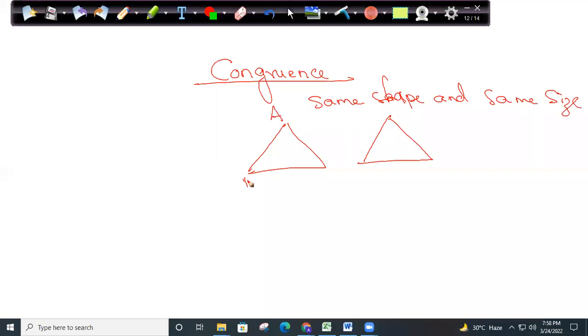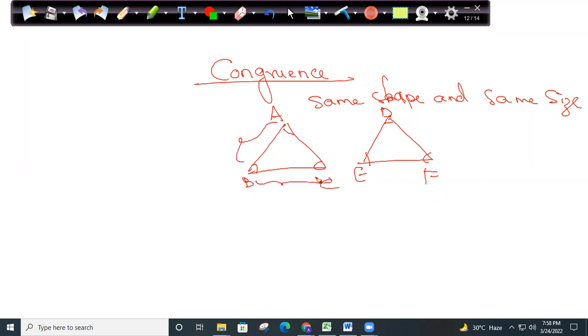So triangle ABC is congruent to triangle DEF when they have same shape and same size. When I say same shape and same size, they're identical. So when can I say two triangles are identical? When all the angles are equal and when all the sides are equal. Or we have another important property.